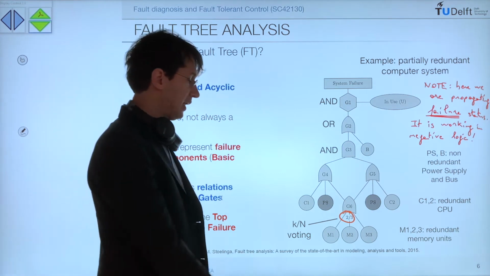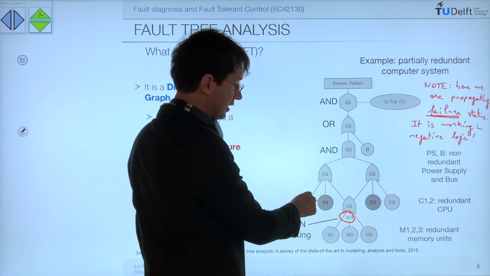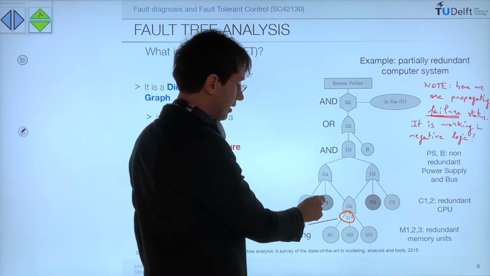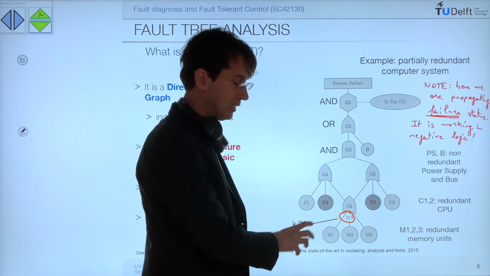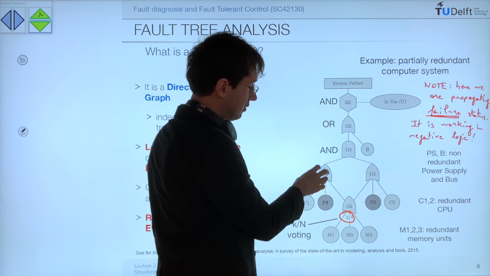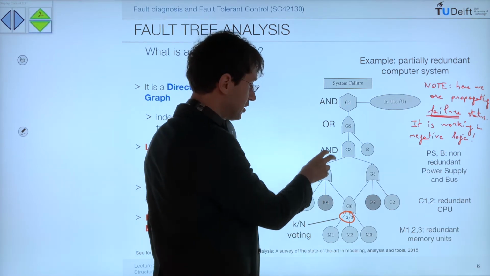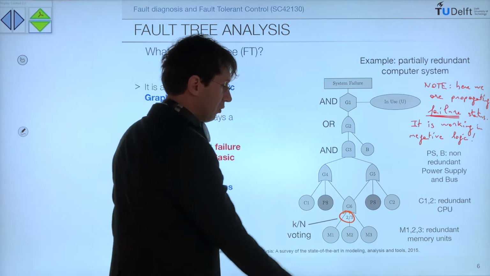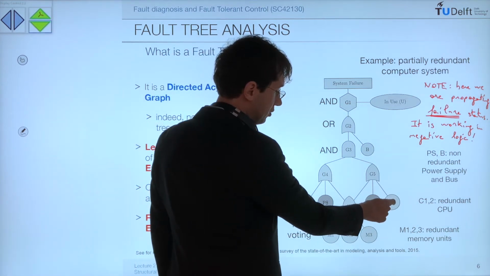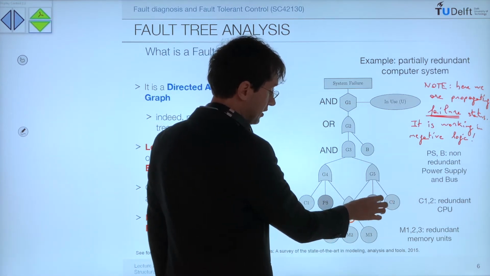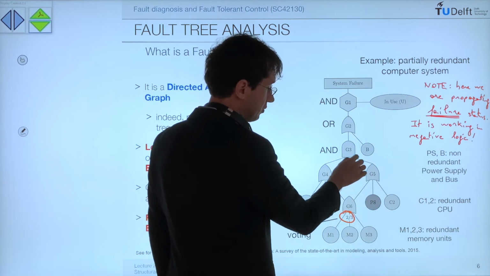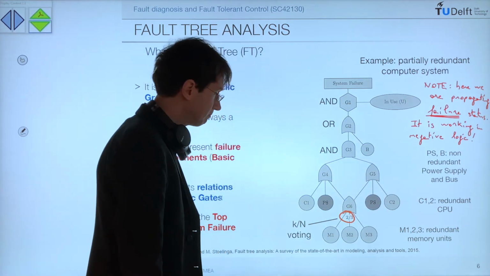So this means that if the CPU number 1 is not working, or the power supply is not working, then this branch will propagate forward, upward, a true. So this branch not working. Or if the CPU number 2 is not working, or the power supply is not working, also we have a true. True means not working.